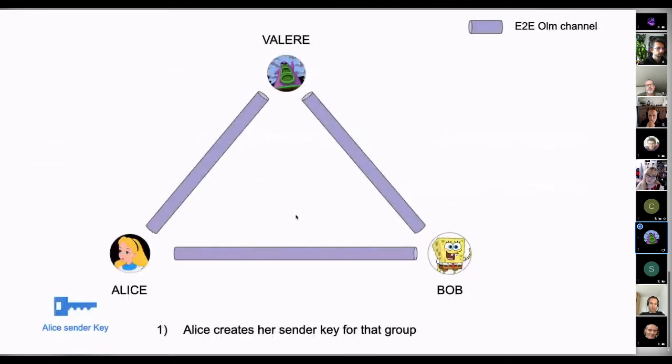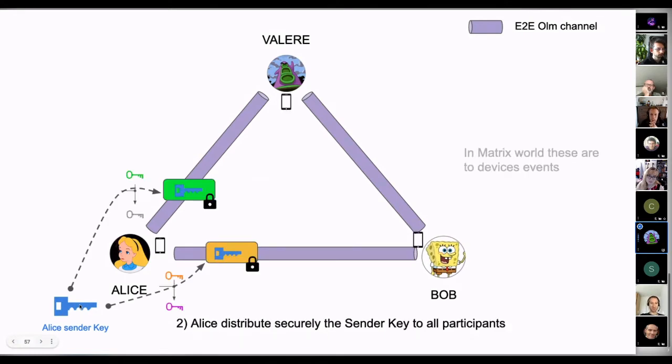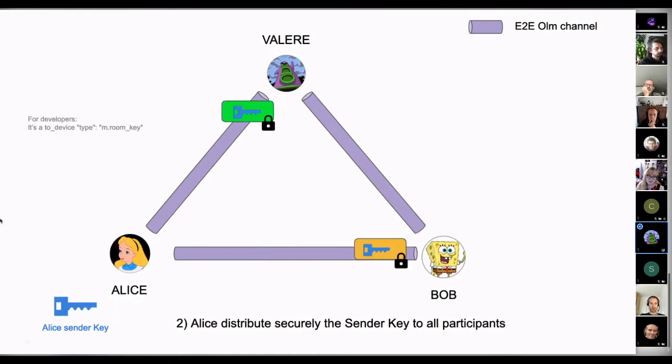Let me show it in these slides. You see the first thing, Alice creates a sender key. Then I use the one-to-one channel to send the sender key to everyone. For developers here, it's what is called a to-device m.room_key. So you see I'm sending the key, encrypted end-to-end, to Valere and to Bob.